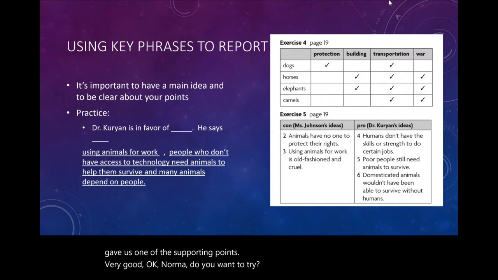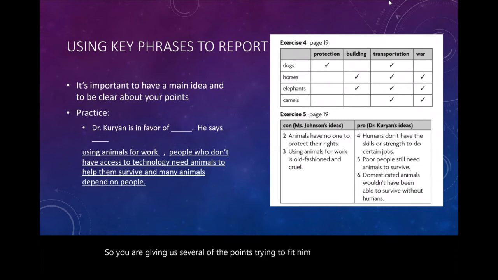Okay, Mrs. Johnson is against for the use of the animals because they don't have any defense of their rights, and it's a cruel use of this because they are... I don't know. Okay, wow. Well, okay, so you were looking at several of the points, trying to fit them all in there.